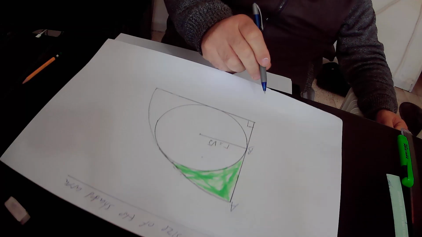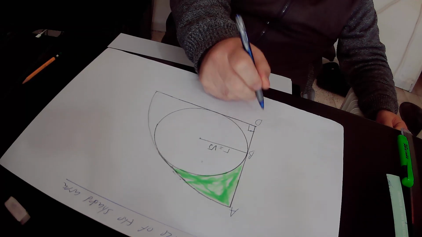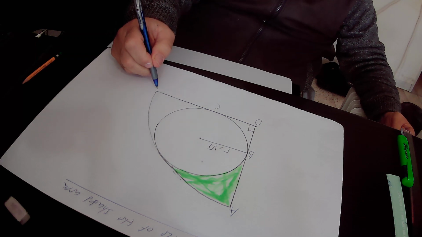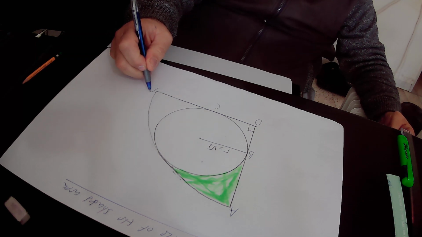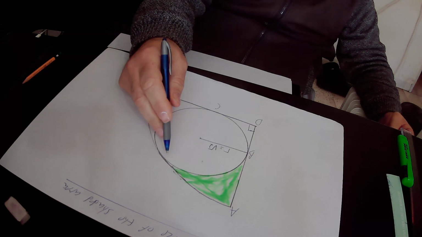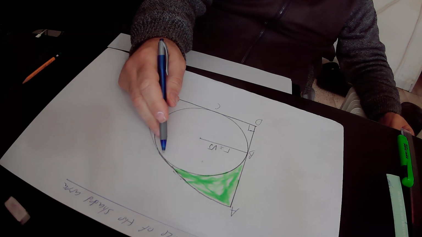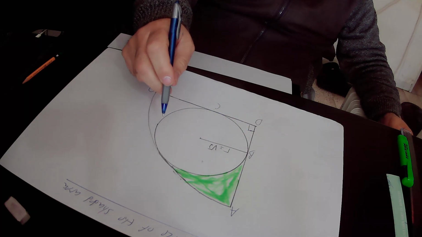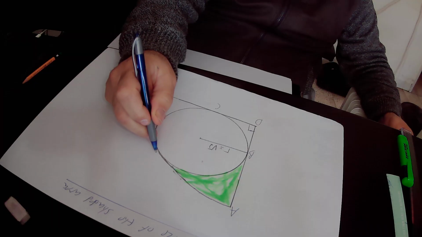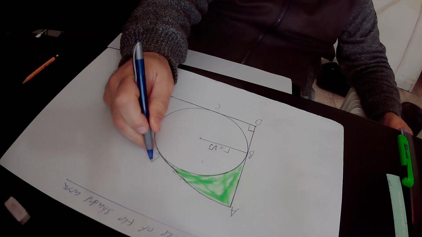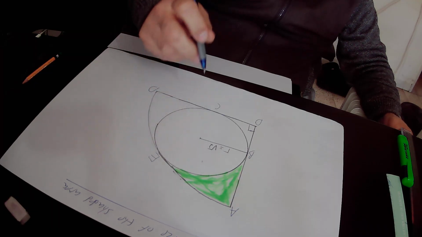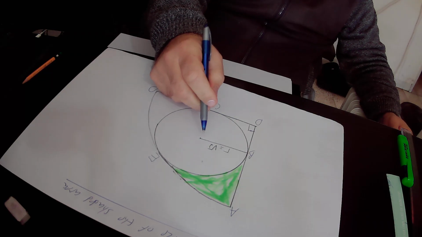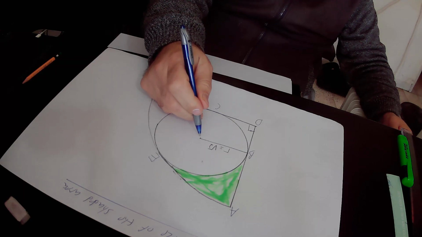We define this point as O. We define this point as C. We define this point as D. This is the touching point of this small circle with this quarter circle. We define the touching point as E. And finally, we define the center of this small circle, this point, as F.